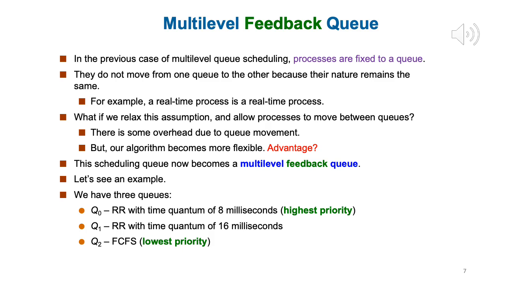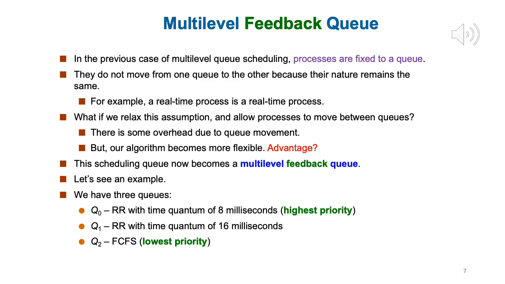So now if we relax this assumption and allow for queue movement, which means a process enters a particular queue, but during the course of its execution, it can move to another queue, and then a third queue, and then a fourth queue. Okay, so this becomes a multi-level feedback queue.